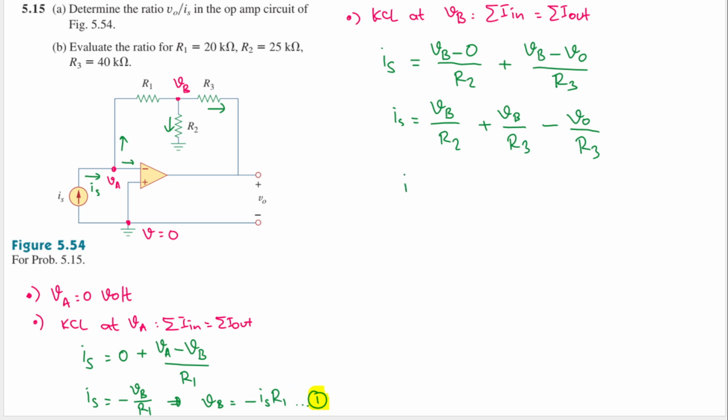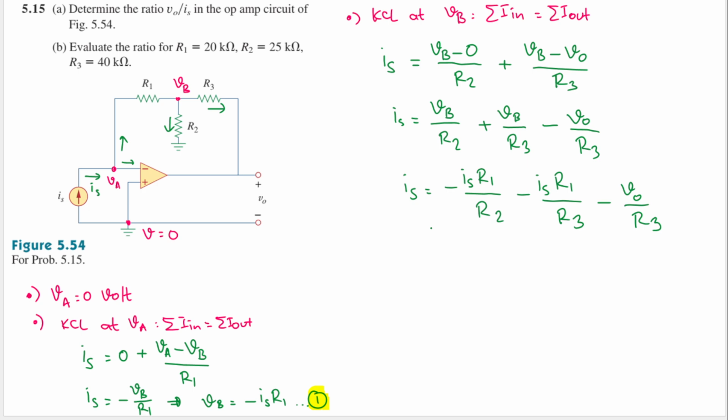So IS is equal to minus IS R1 divided by R2, and then minus IS R1 divided by R3, then minus V0 over R3.